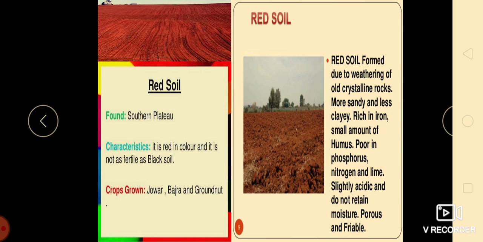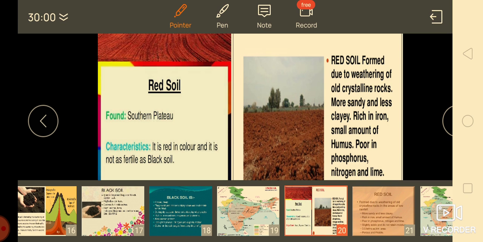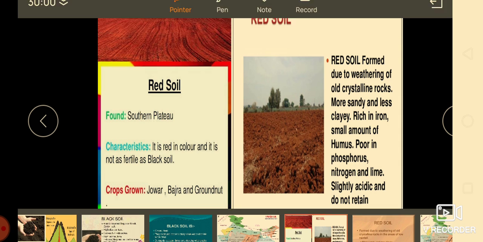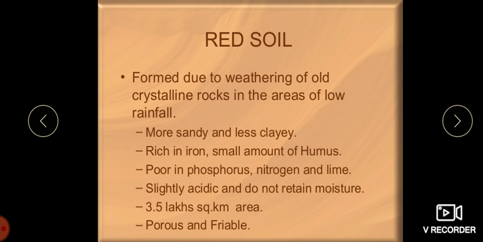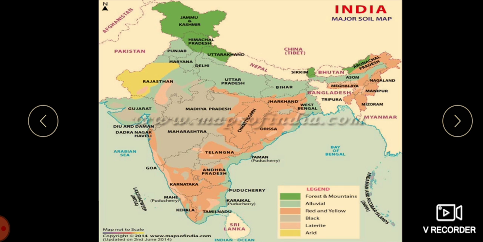So where do you find these soils? The red soil in India covers about 5.2 lakh kilometers. These are found in the parts of Karnataka like Shivamogga, Chikkamangaluru and Hassan districts, and Andhra Pradesh.